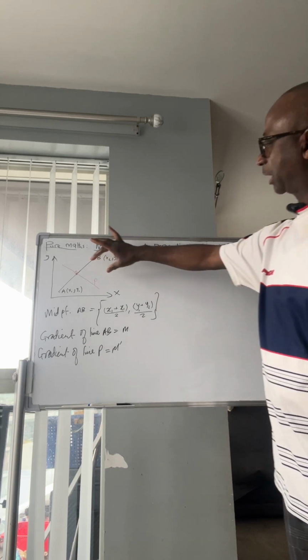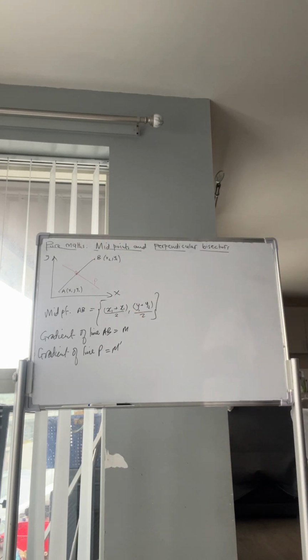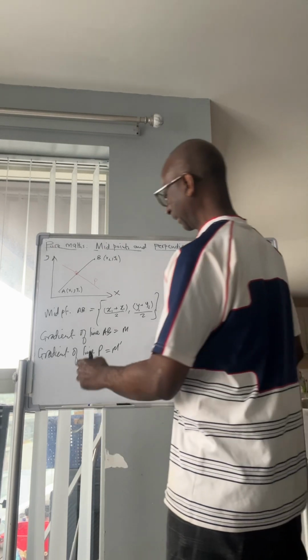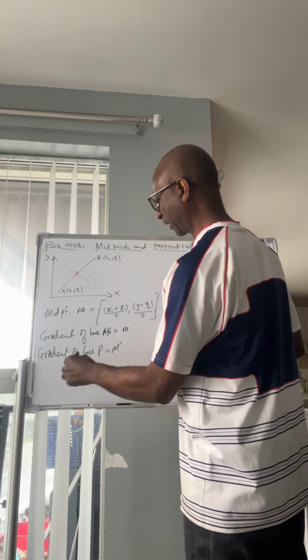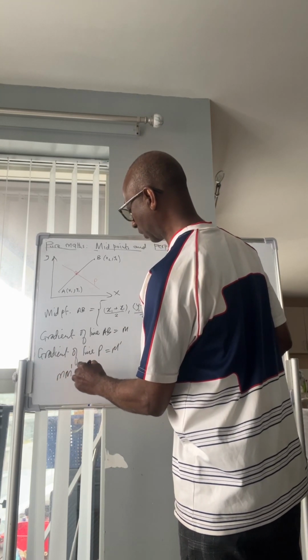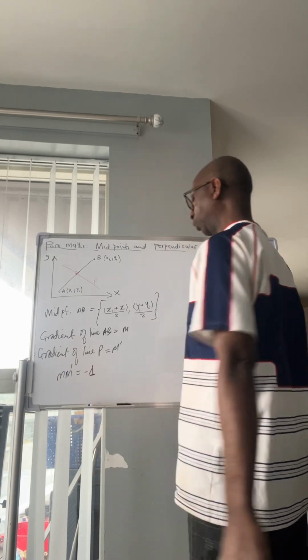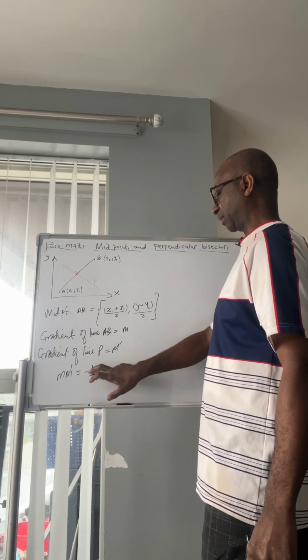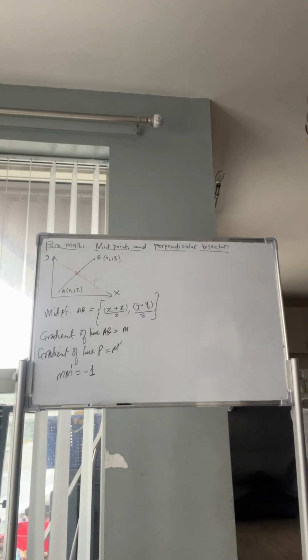Because these two lines are perpendicular to each other, we can now say that the product of their gradients, m times m prime, must be equal to minus 1. We don't prove this, but take it for granted.